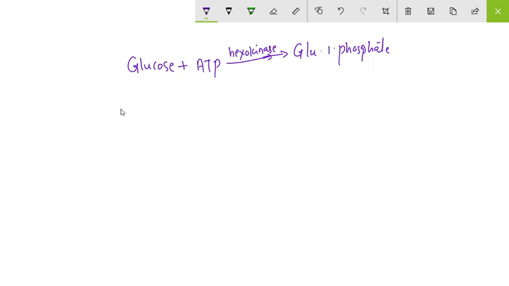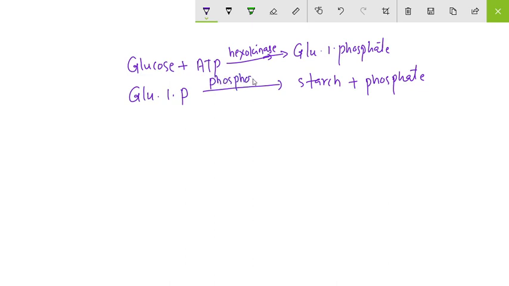Then this glucose 1 phosphate, in presence of the enzyme phosphorylase, is converted into starch and phosphate.